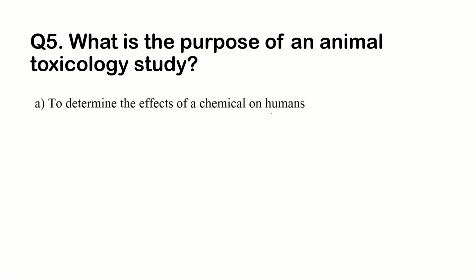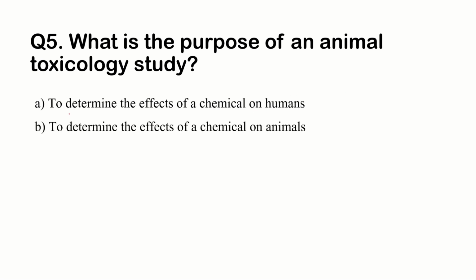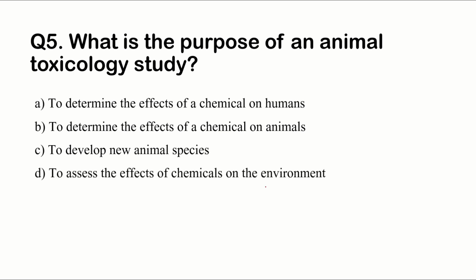There are different types of toxicology studies, and the purpose of an animal toxicology study is, option A, to determine the effects of chemicals on humans, B, to determine the effect of chemicals on animals, C, to develop an animal species, and D, to assess the effect of chemicals on the environment. Here the term animal is involved, so we can say that it's to determine the effect of chemicals on animals, not only humans, it's overall animals. So the right answer is option number B.